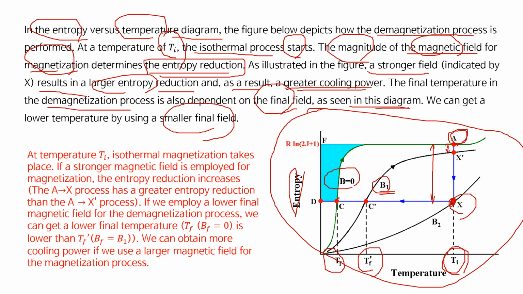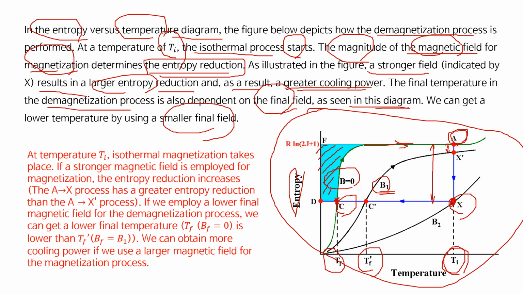And the cooling power for this process, A to X to C here, is given by this blue area. Okay, so this demagnetization process finished here, then the temperature increases following this line.